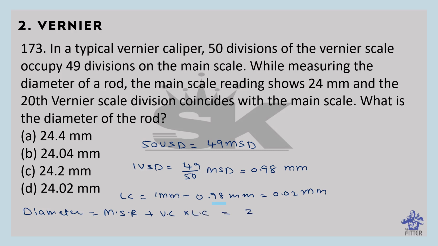So that is 24 plus 20 into 0.02. Least count is 0.02, right? So the answer would be 24.4, right? So option A is the right answer.